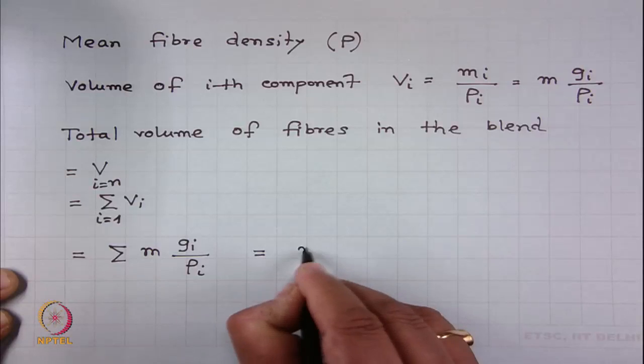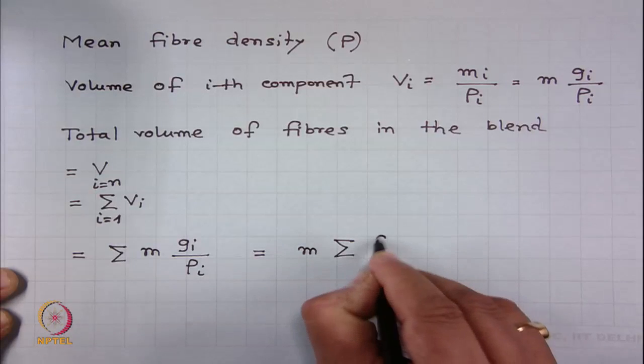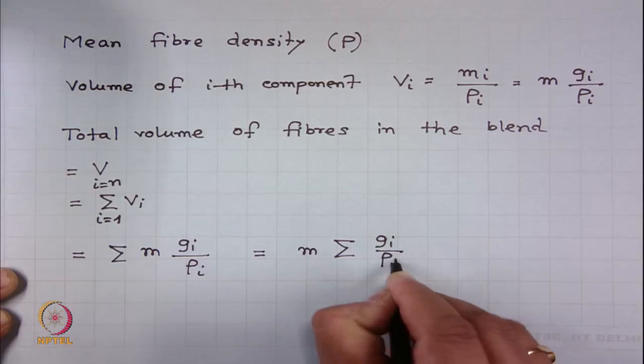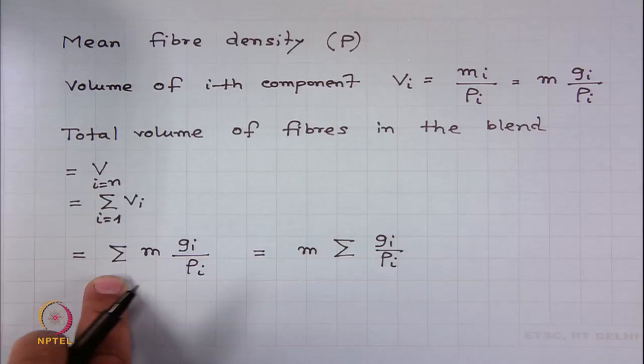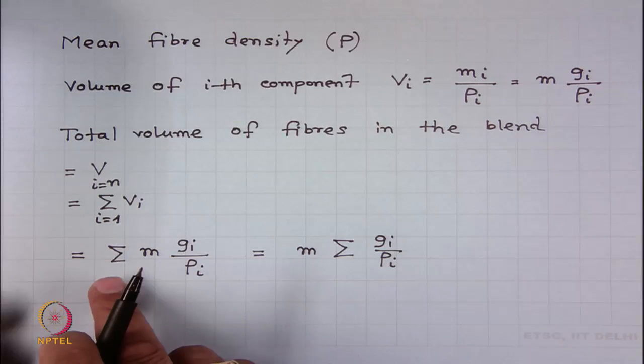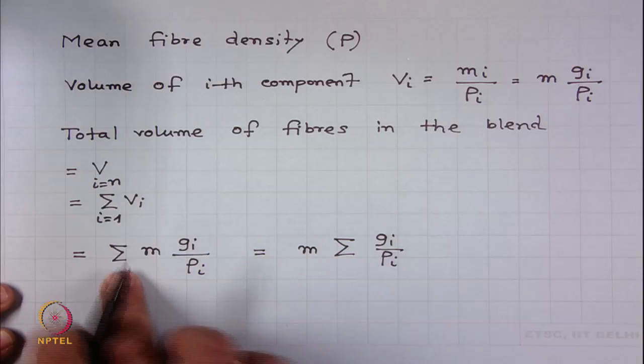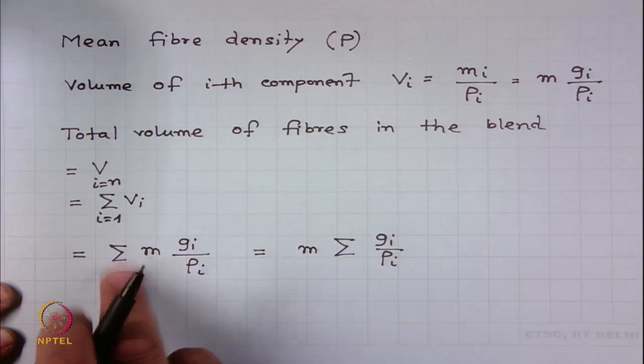So, we obtain M times summation of Gi by rho I. Please remember that this summation starts from I is equal to 1 to I is equal to n.